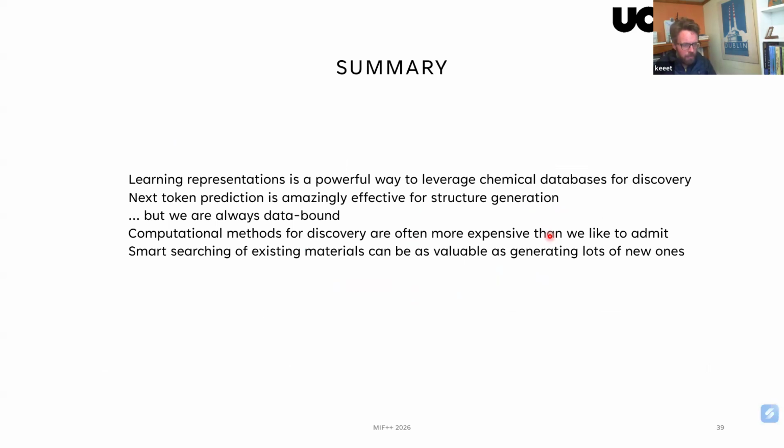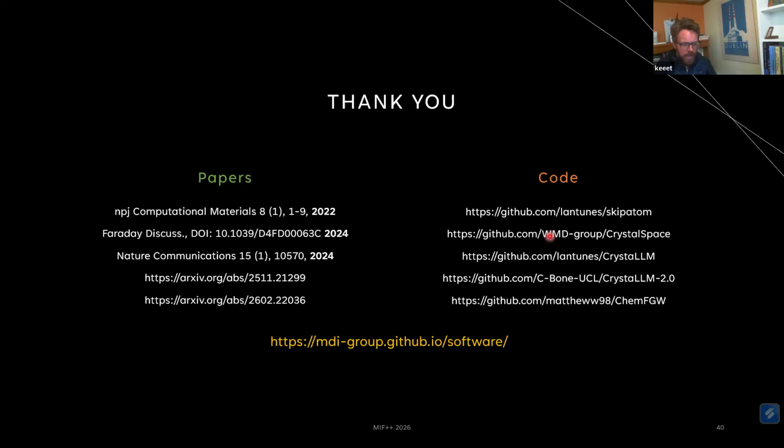It's pretty impressive, but we're always data bound, and getting data is expensive, and computational methods for discovery are more expensive than we'd like to admit often. So I think there's a lot of space for smart searching methods so that we can get the most value from the data that we do generate. And with that, I'd just like to thank you all for your kind attention.